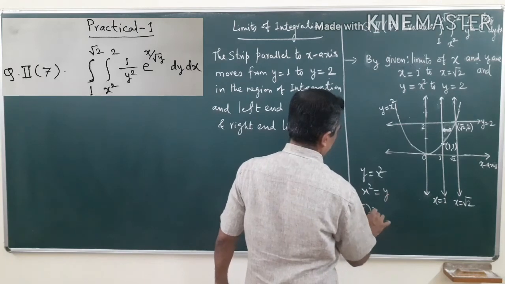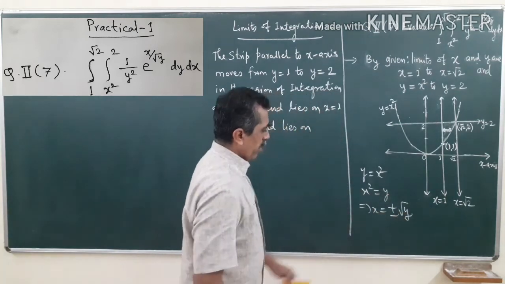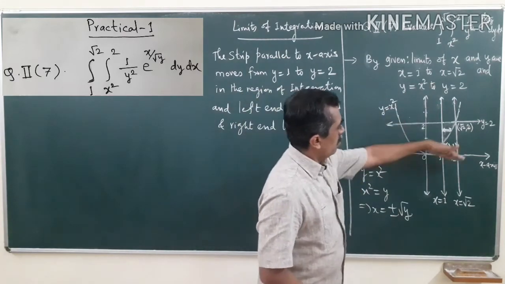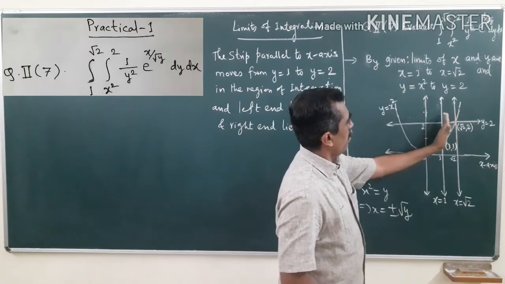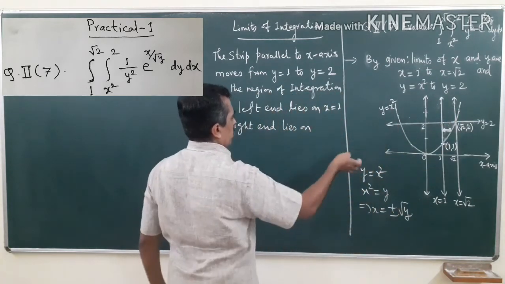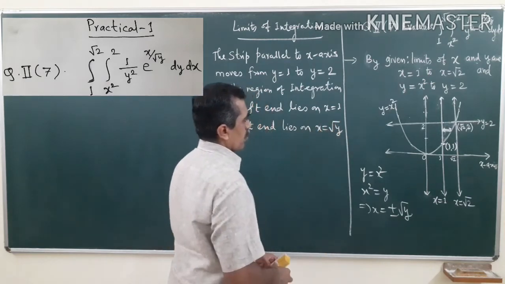This implies x is equal to plus or minus root y. But we are above the x axis, in the first quadrant, where x is positive. So, x is equal to root y.